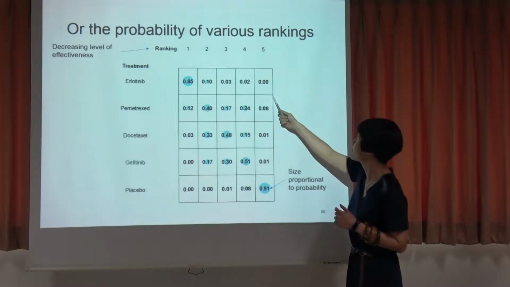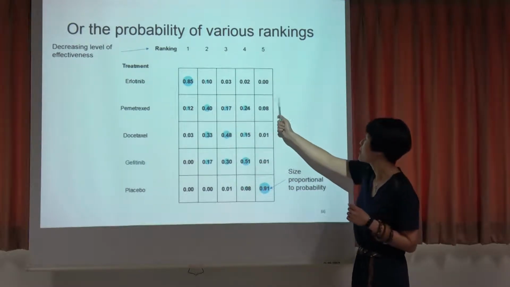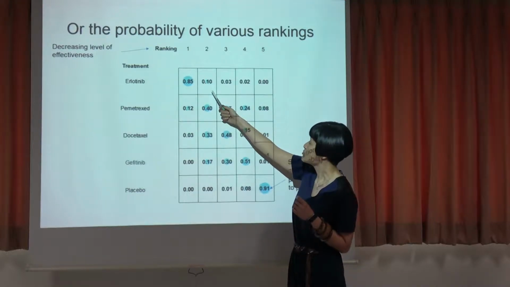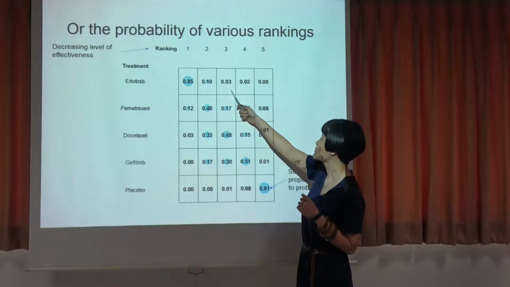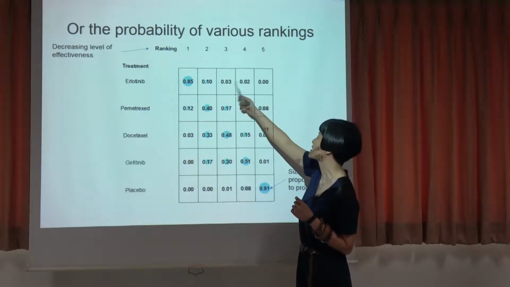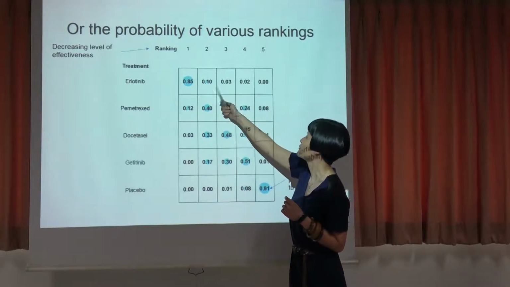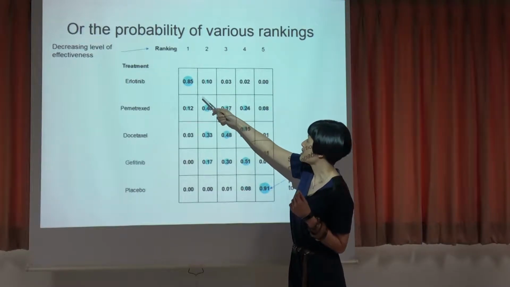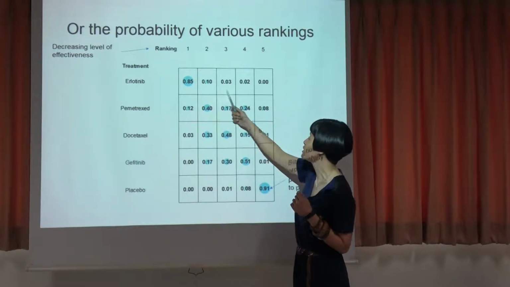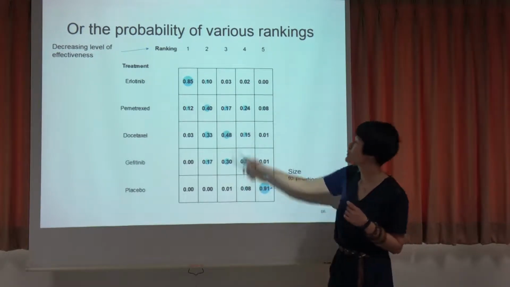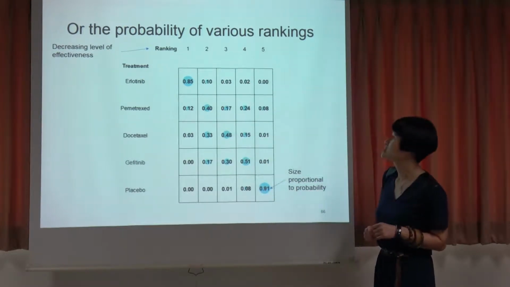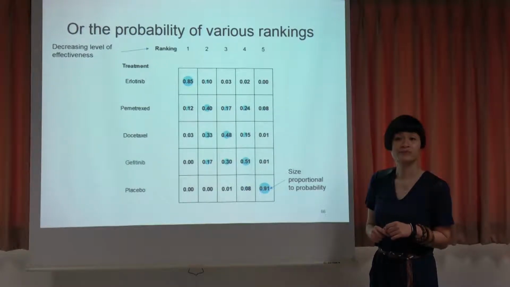And the probability of this being the second most effective out of all of these is 0.1, and then third most effective, fourth most effective, fifth most effective is pretty similar. In fact, this is telling us that it's very unlikely that erlotinib is not the most effective out of all of these. So this is how you read the probability ranking.